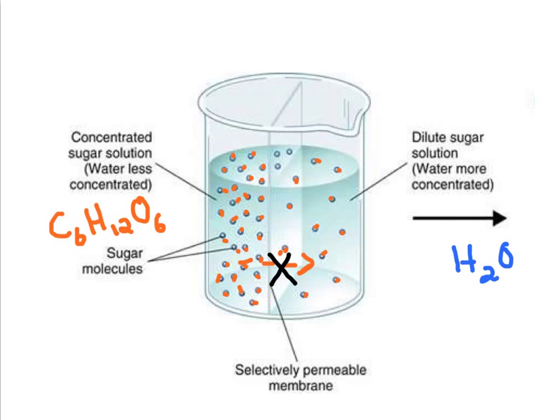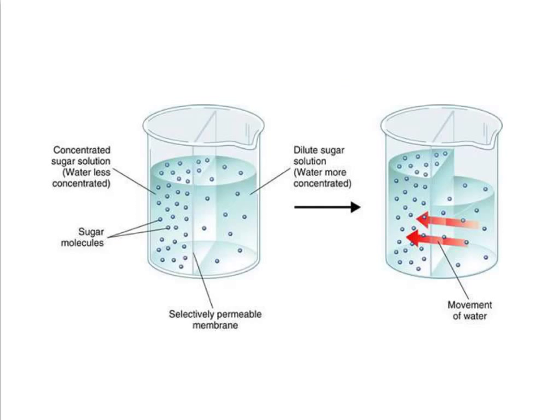And the water is more concentrated on the opposite side of the glass, with just a few molecules on the other side. So if water is permeable to the membrane, it will move in this direction. In this scenario, we will get a beaker of water that looks something like this. Since the membrane is permeable to the water only, the water moves to the left side of the beaker, whereas the solutes stay put.